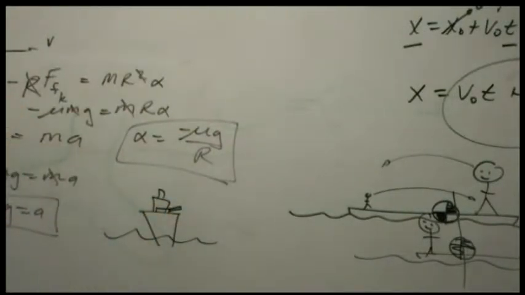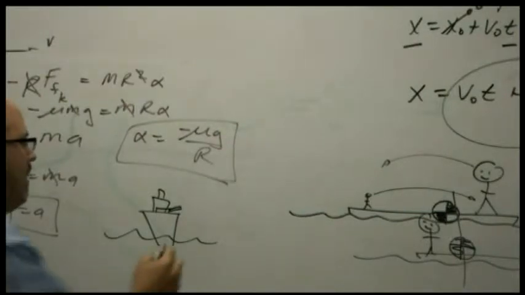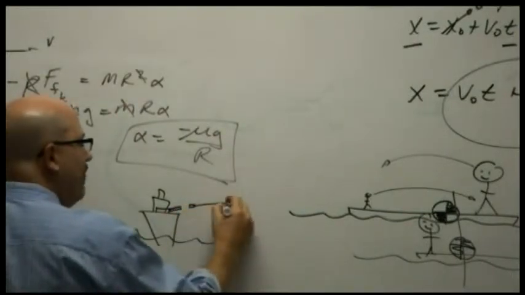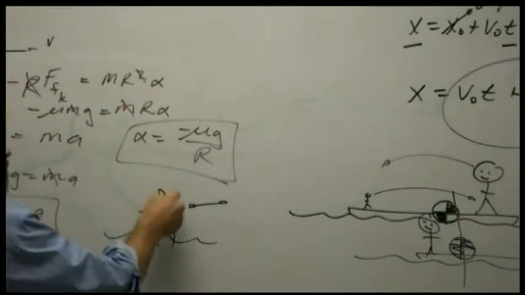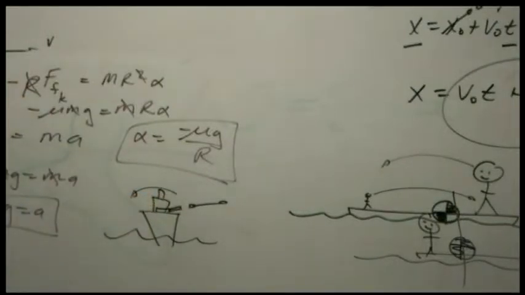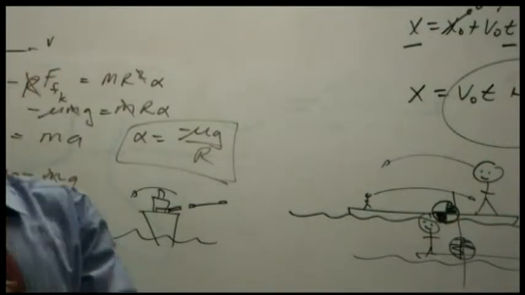When they would lob these great big shells that way, the ship would recoil. And they could not shoot them all at the same time, because I don't know if they would capsize, but it would certainly not be good. I think it was too much force on the ship itself.